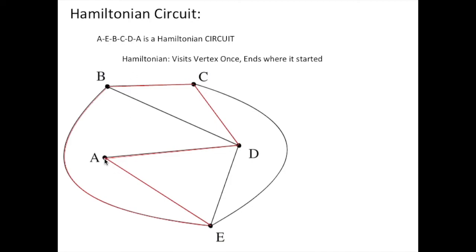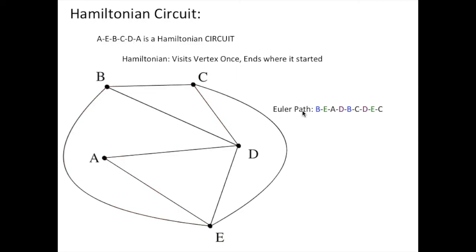We started at the A and we ended at the A. So it's not really the same as revisiting a point. It's a little bit different. So that's why it's allowable. That's why a Hamiltonian circuit is still Hamiltonian, even though we have the same vertex at the beginning and the end. You can't visit that vertex any other time or any other vertex any other time. You can only have one representation of each vertex.